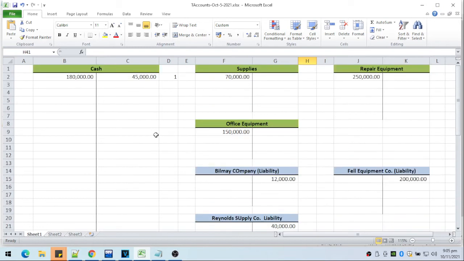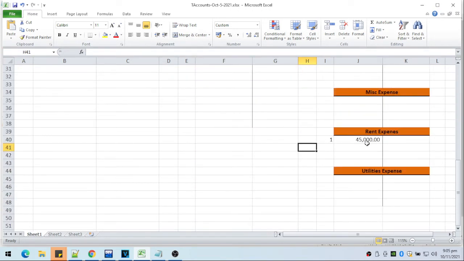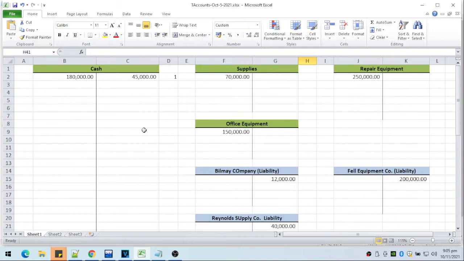Again, we paid cash, so our cash will decrease, which means it is on the right or credit side. And we paid for expenses, so to increase expenses, we have to place it on the debit side. So that's for transaction number 1.